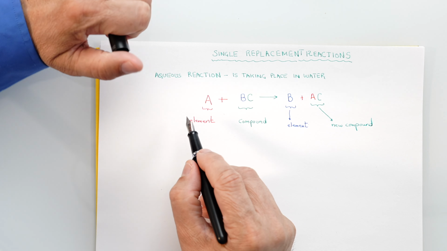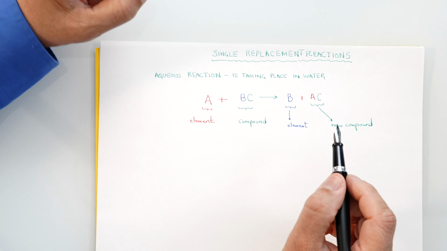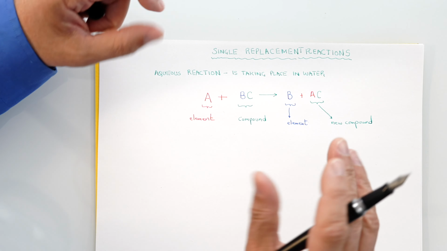So this is a characteristic signature of a single replacement reaction. There are a few caveats to this, and I'll talk about them in a minute. But this is how you ID a reaction, specifically a single replacement reaction.